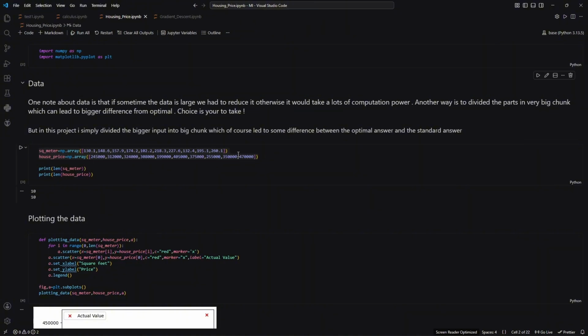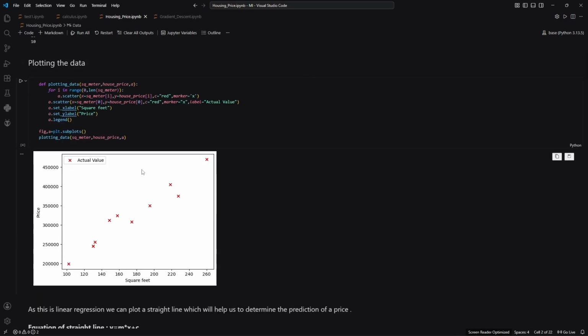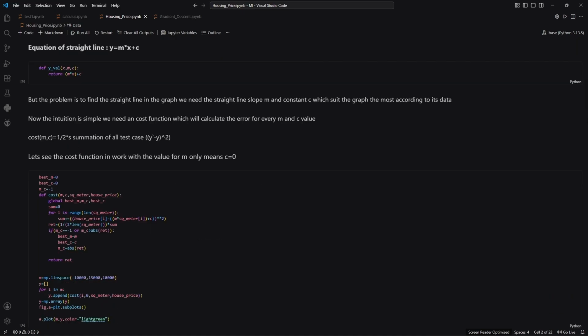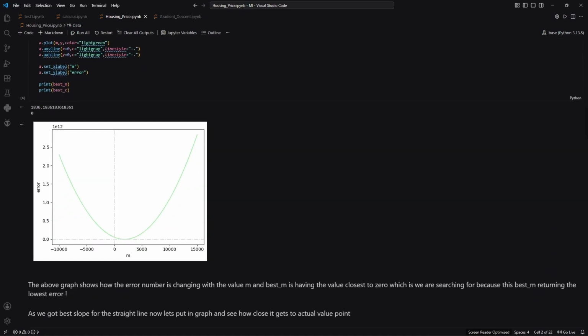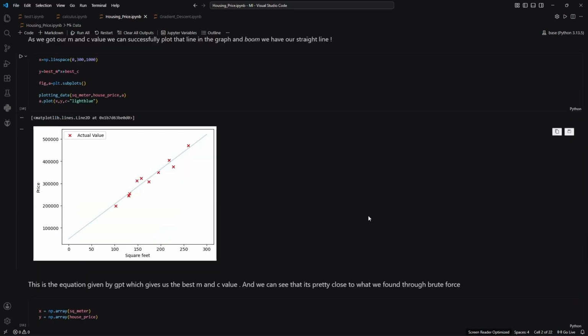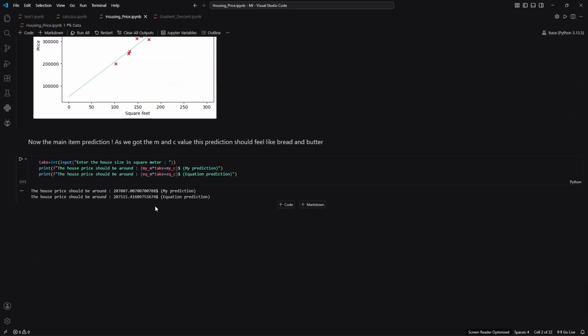The first project that I created with linear regression is predicting house price with only square meters as the input, and it was really fun and a really good project. I understood a lot of things about linear regression.